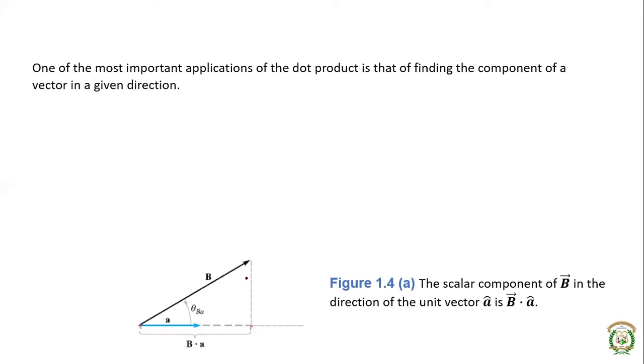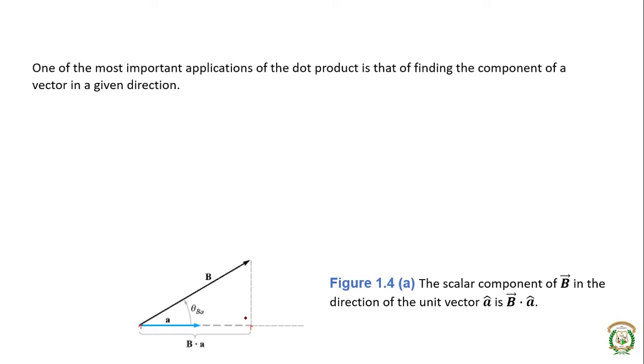The component of any vector in any given direction is nothing but its projection. It is also called the projection of that particular vector in that direction. That is, if you drop a perpendicular from the vector to the line extended from the particular vector in the particular direction, this length gives the component of vector b in this direction.